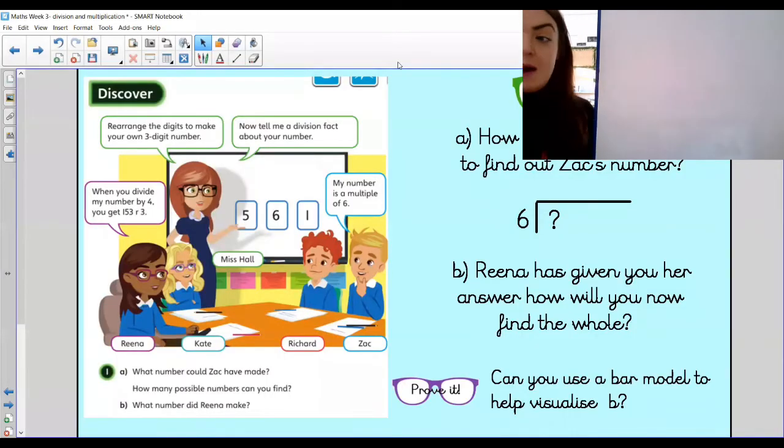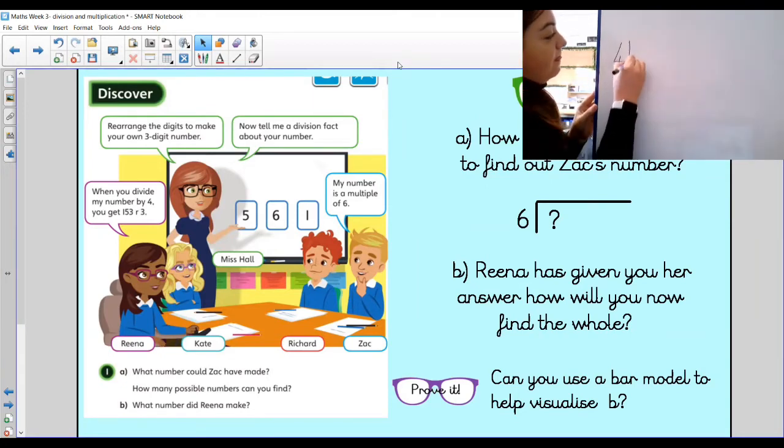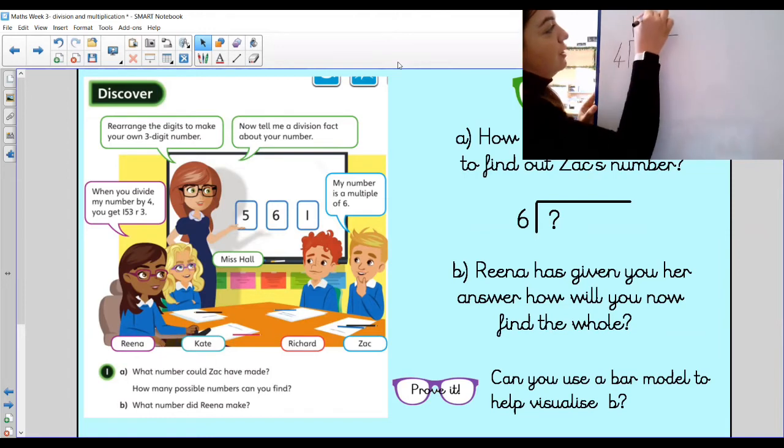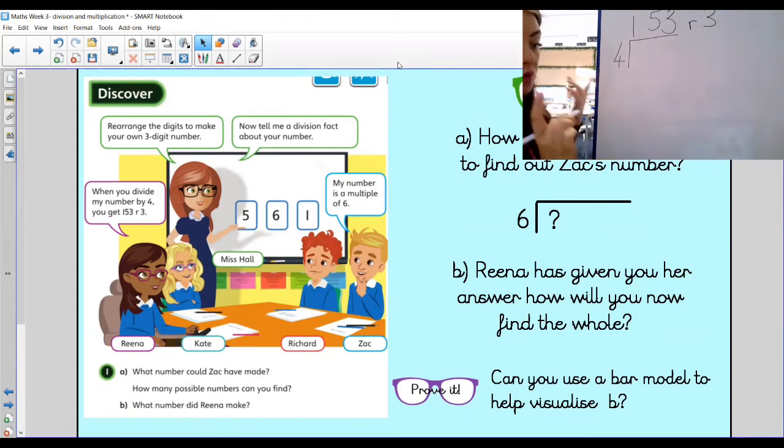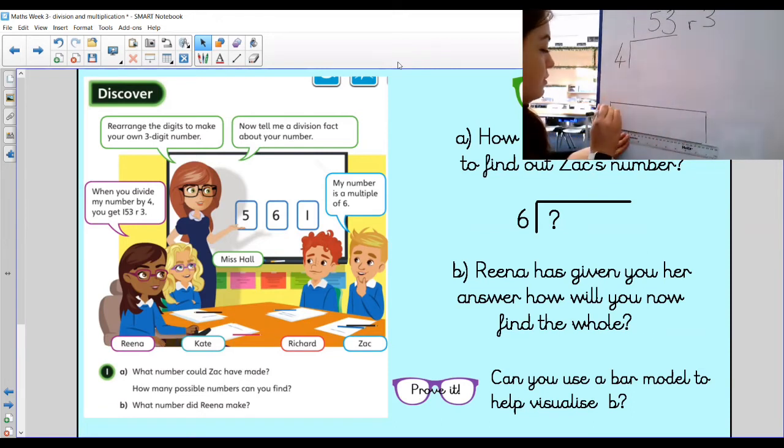Now, question B then, we're almost going in reverse. So I know that my answer, when it's divided by 4, is 153, remainder 3, okay? Now, the first way I initially thought about doing this was to use a bar model, okay? So here's my bar model.